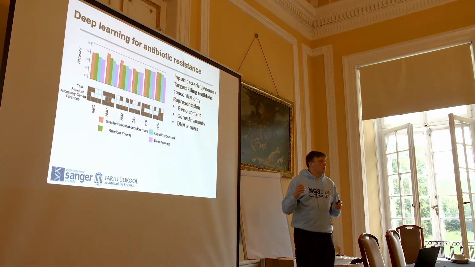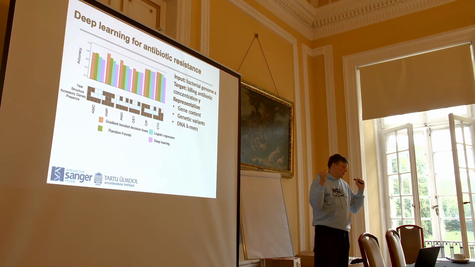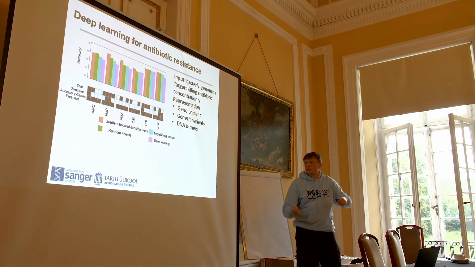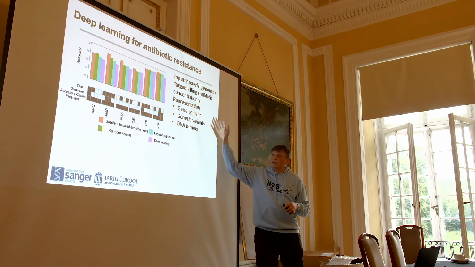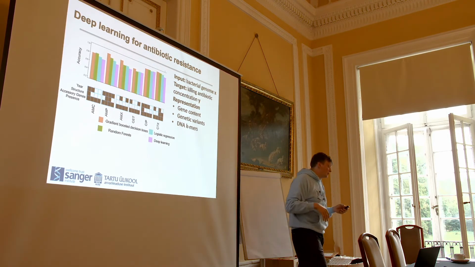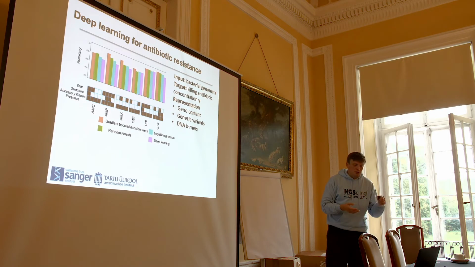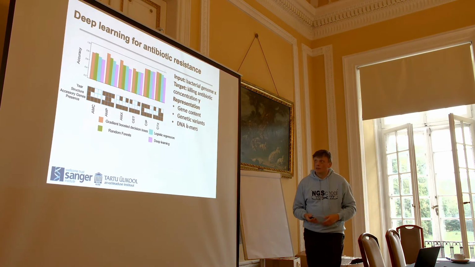Basically this is plugging a dense deep learning model onto a set of features that we have manually curated from the genome: gene content, genetic variants, DNA k-mers, and things like that. And the fully connected deep learning model didn't do very well compared to the competition.